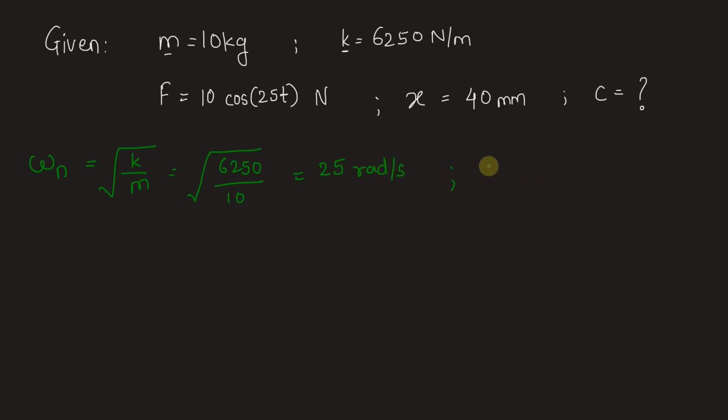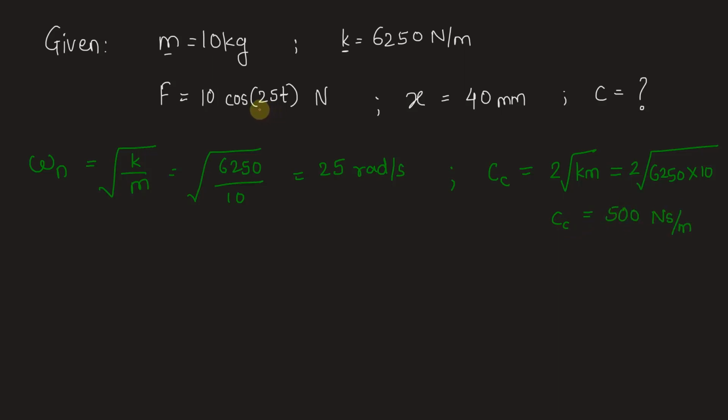Also, we can find out the critical damping coefficient Cc as 2 root over Km. This is a standard formula that has to be remembered for the exam, which will be equal to 2 into under root of 6250 into 10. So Cc comes out to be 500 Newton second per meter.